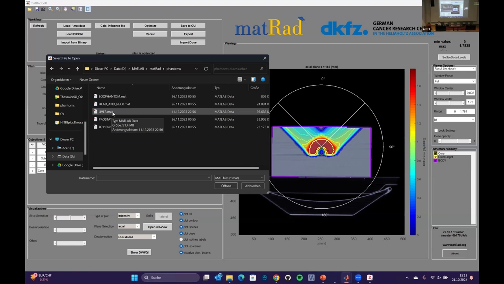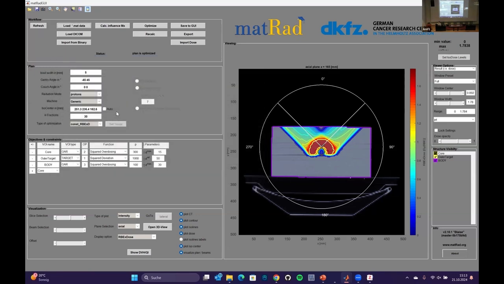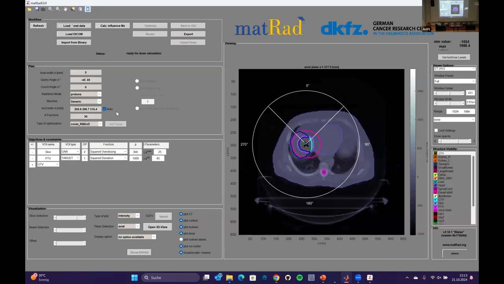I like the liver patient because it's not overly complicated, but it shows you a bit more about the challenges in treatment planning and also how it is solved in reality a bit. Now, I will quickly deactivate my plan visualization.